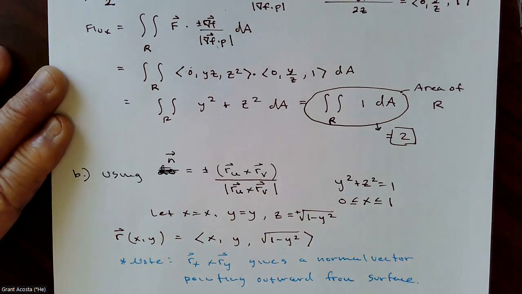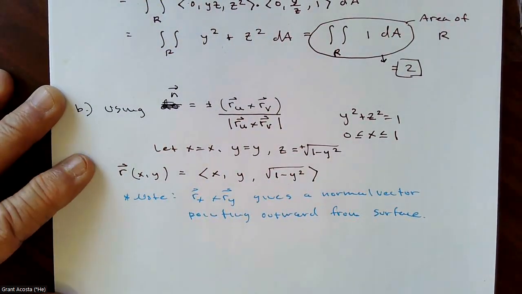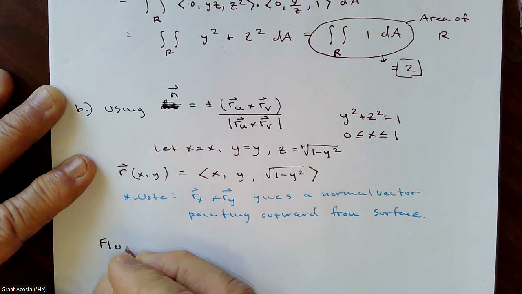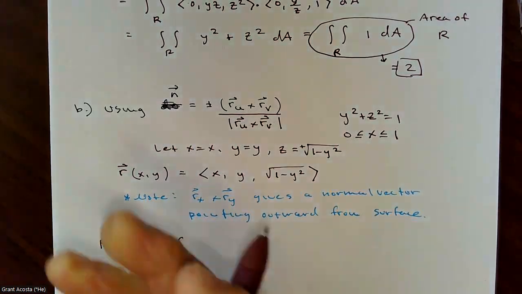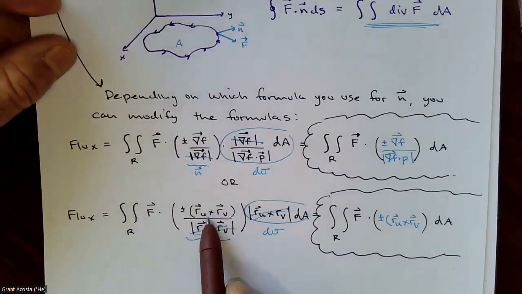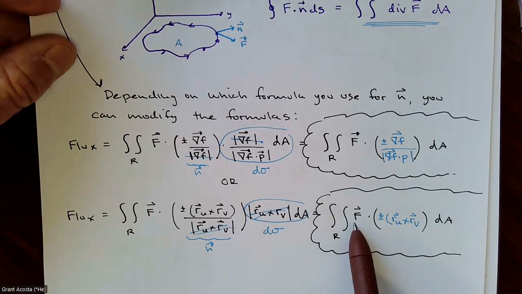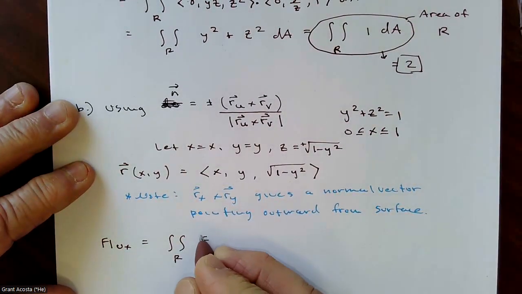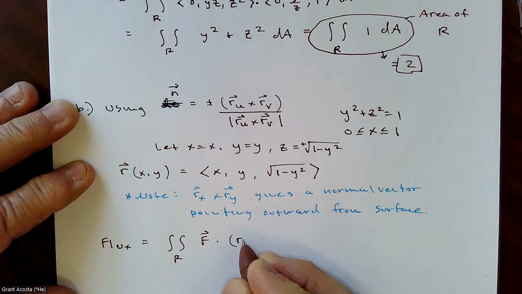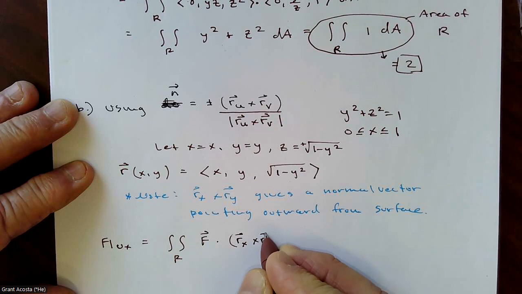But now, the formula that we're going to use to calculate flux and integrate over the region, as we saw earlier, if I'm using this formula, I don't need to actually divide by the magnitude because it's going to cancel out. It's just going to be F dotted with plus or minus the cross product. So now we know we should be doing F dotted with R sub x crossed with R sub y, as opposed to R sub y crossed with R sub x.